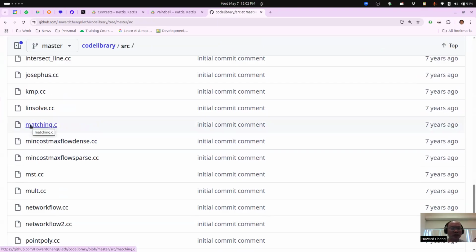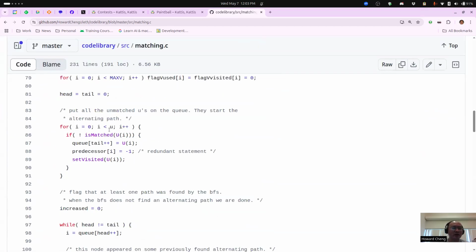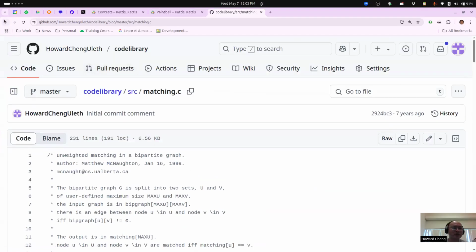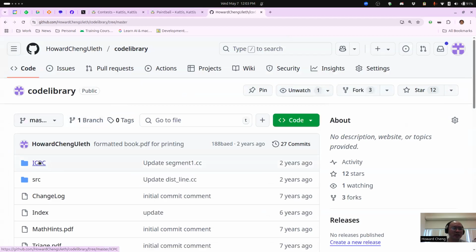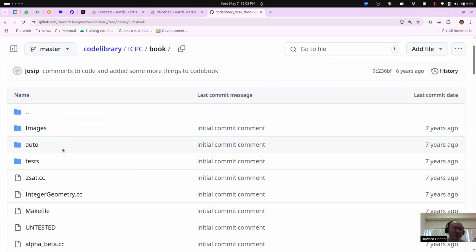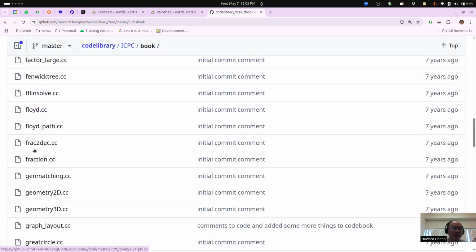Now, this is actually written a long time ago. It's even in C. You can use it in C++. And you have to figure out how to use it. We have a more advanced, more updated version that's actually not in C, in this particular subdirectory ICPC, which is the version that we take to more advanced contests when we advance to the World Finals and so on.